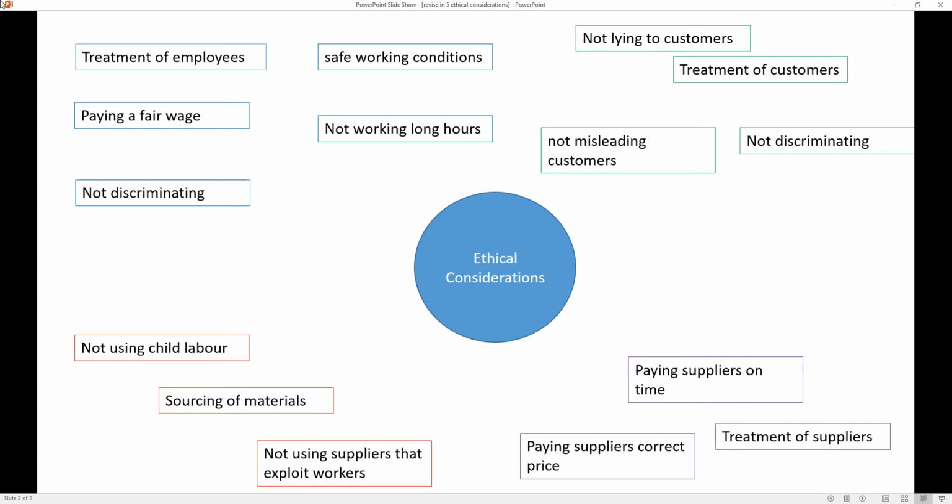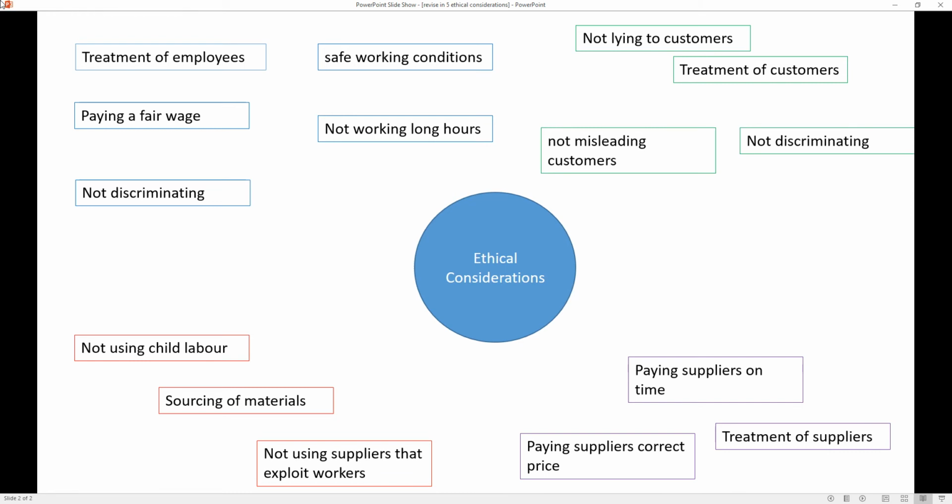Obviously there's a massive lawsuit going on currently, okay. And not discriminating against customers, okay. Again, similar to not discriminating against employees, on the grounds of race, gender, belief, sexuality, so on and so forth.